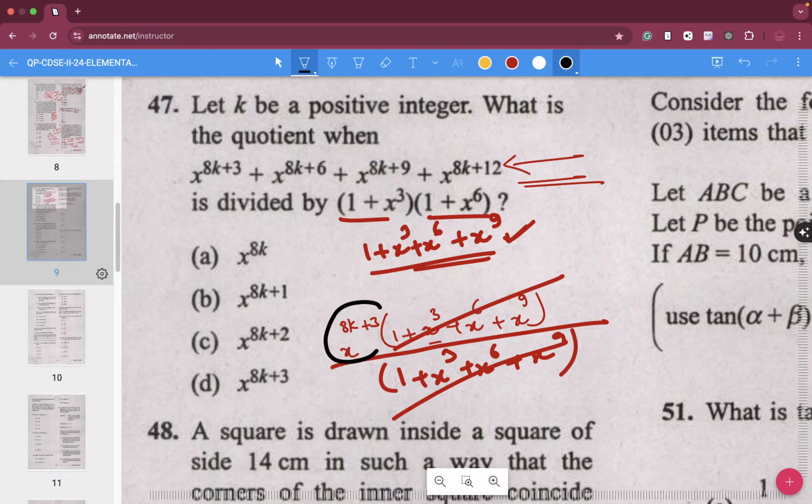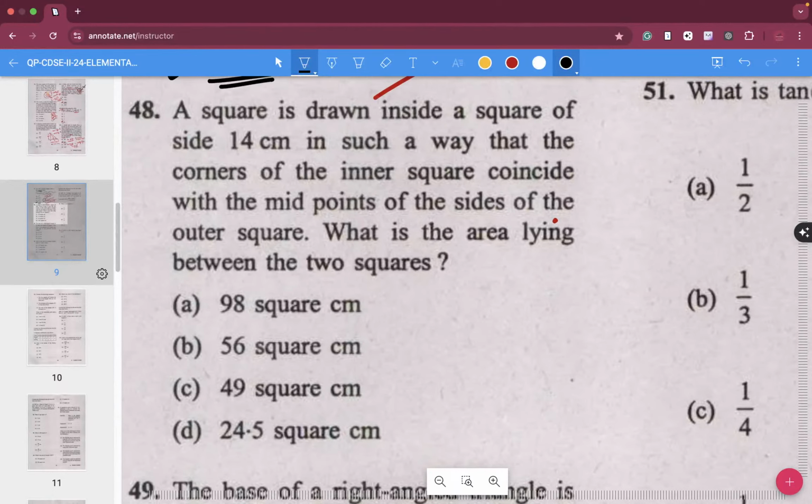You are left with this particular value. Now they are asking what is the quotient. The quotient is this, so option D is the answer, folks. Easy. Now let's move on to the next question.